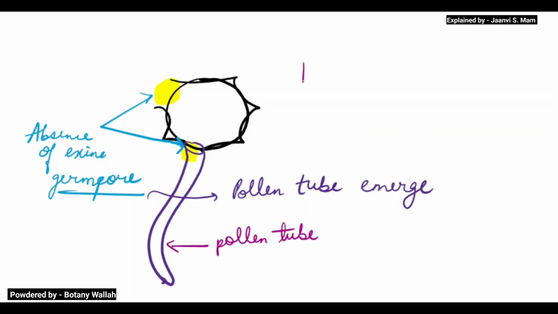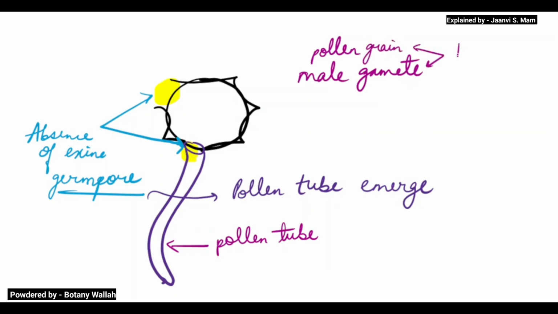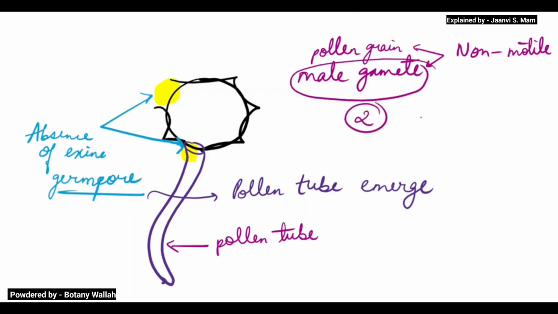As I told, the male gamete and pollen, both are non-motile. See, we have two male gametes. So these two male gametes are carried by the pollen tube. So the pollen tube takes two male gametes to the female part.